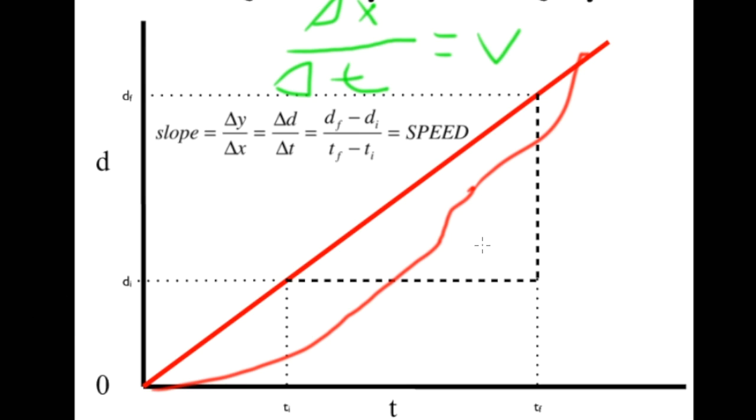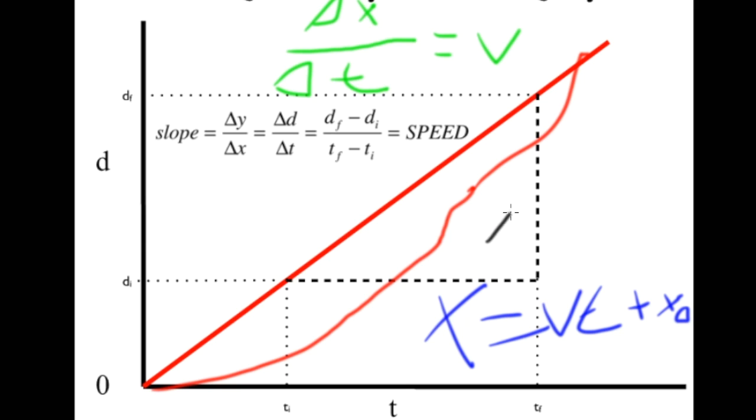And we can derive another equation from this. And this equation is x equals vt plus x naught. X naught is basically just a starting position. And you can derive this equation from y equals mx plus b. So the slope is velocity, as we already learned.